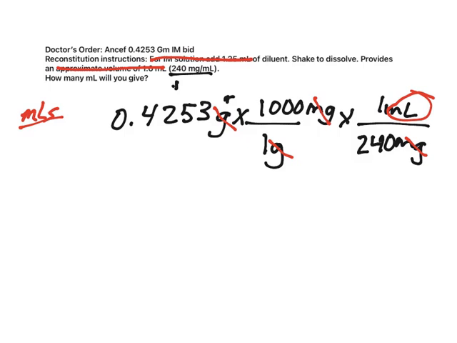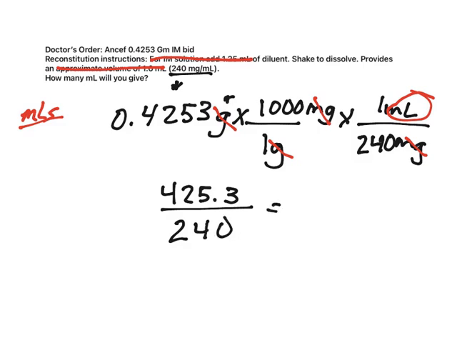So we're going to multiply 0.4253 times 1,000, and we'll get 425.3. And then all we have on the bottom is 1 times 240. So we just have 240 on the bottom.